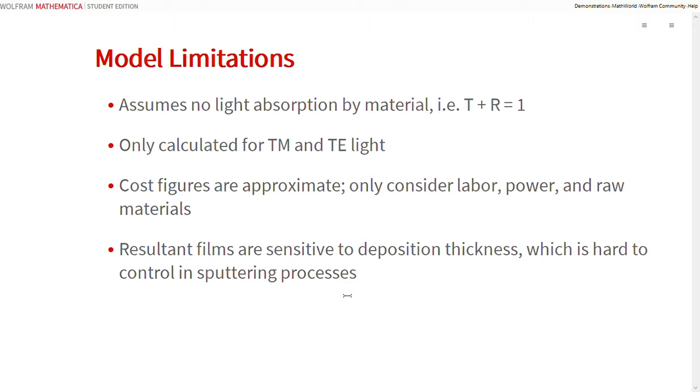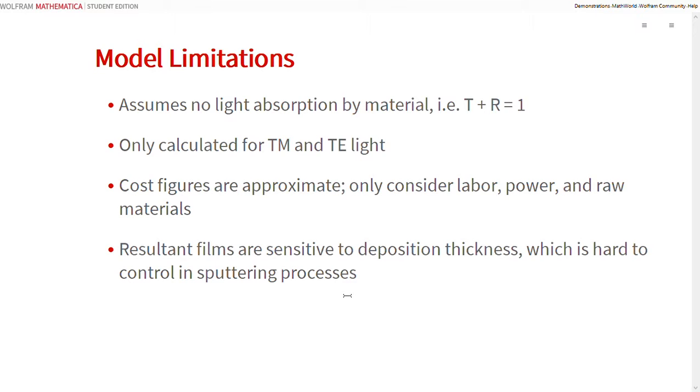The other thing is cost figures are very approximate. They consider labor, power, and raw materials for each type of sputtering condition, but it would be helpful to get much more specific details about the costs in order to actually determine which material is the best for this purpose.